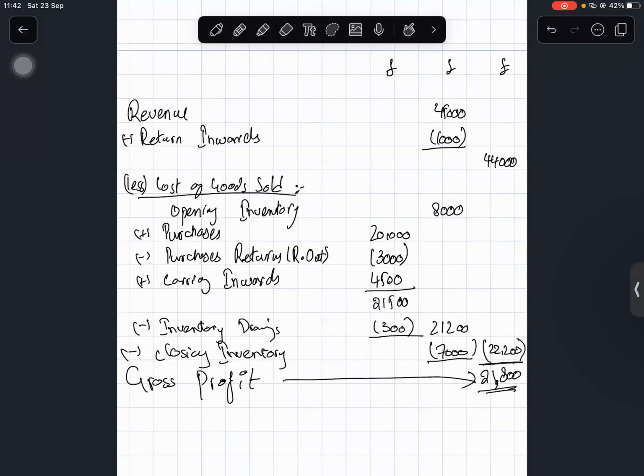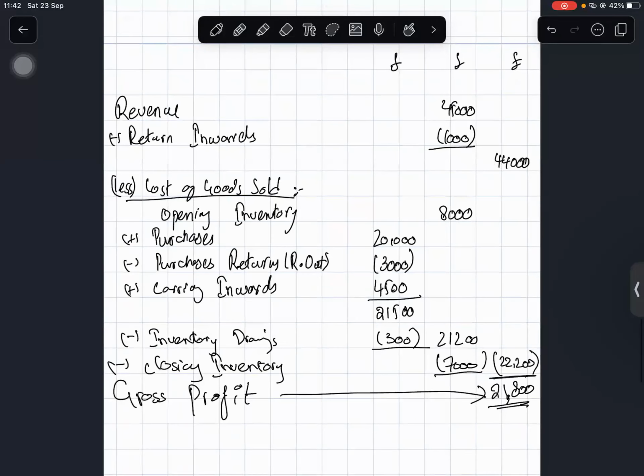Write add or less. Always write add or less. And also one other thing, this figure, sales minus sales return, you can also label it as net sales. It's a good practice to write add or less instead of plus and minus.